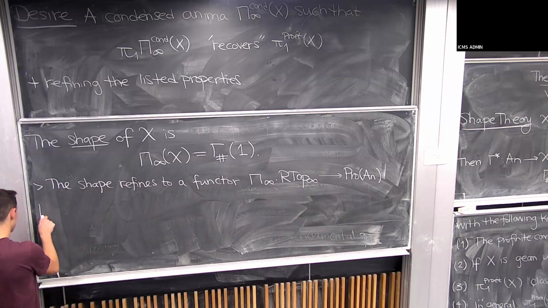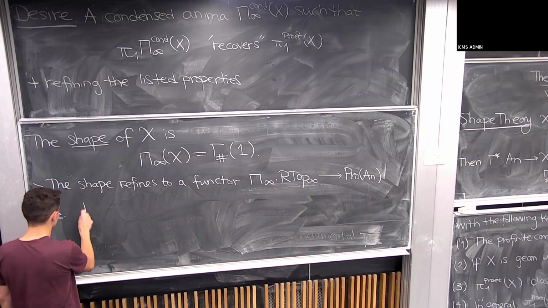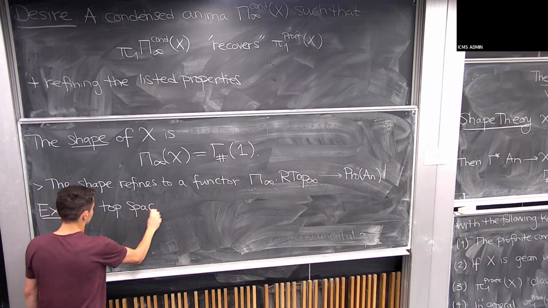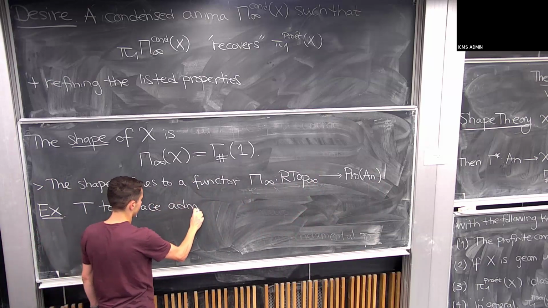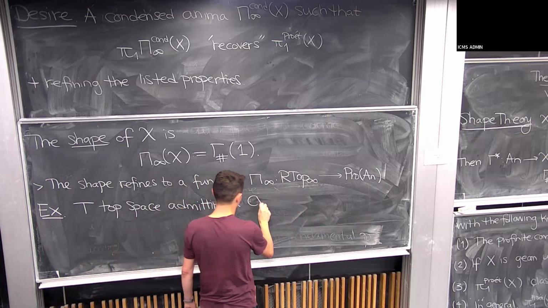And the key example, where you can remove some hypotheses if you want, but let me say the easy one: say you have T, a topological space admitting a CW structure.